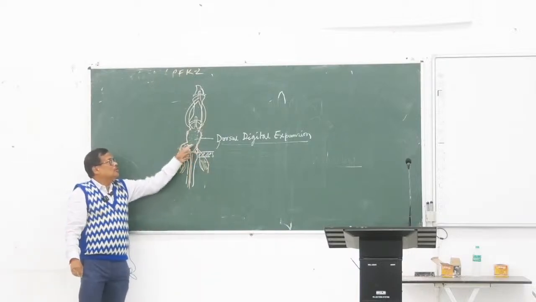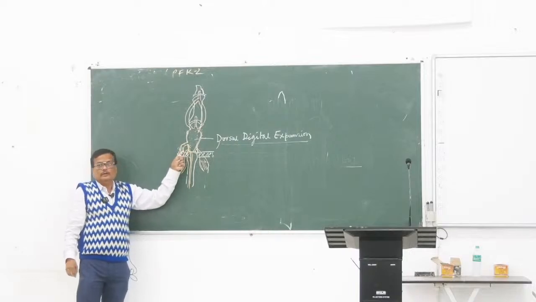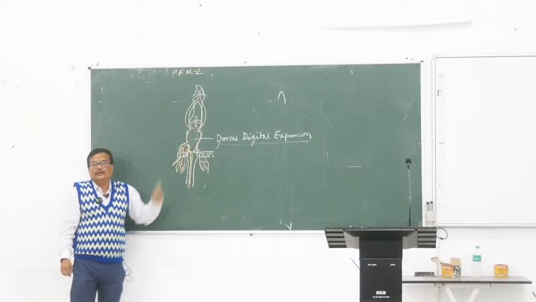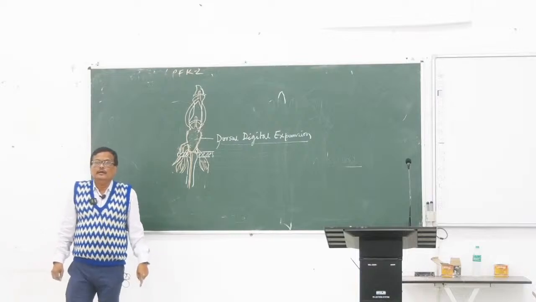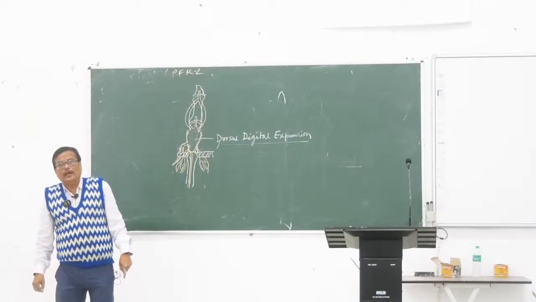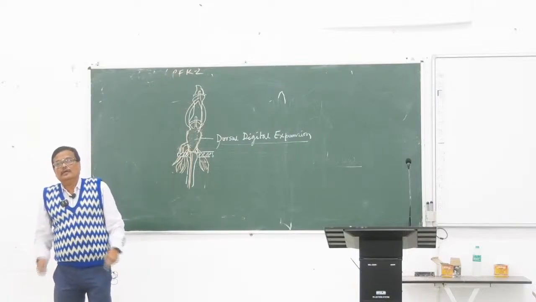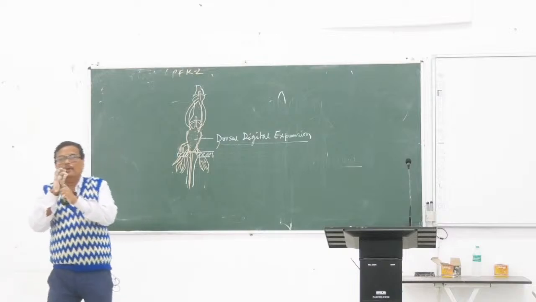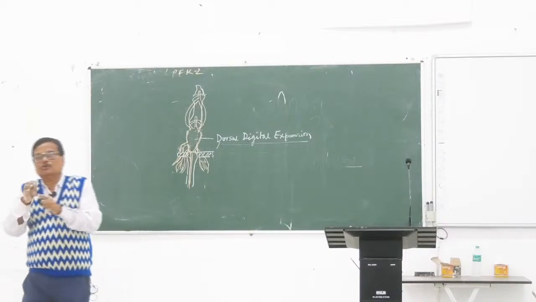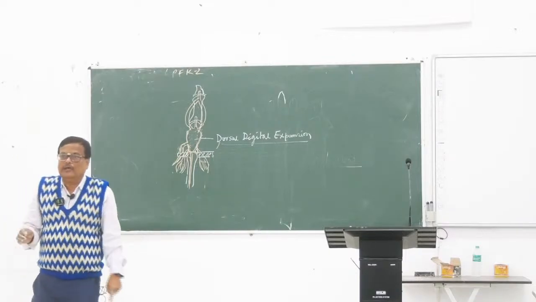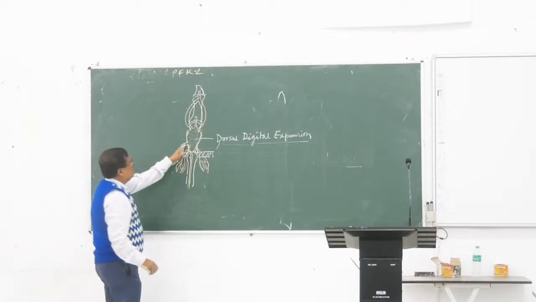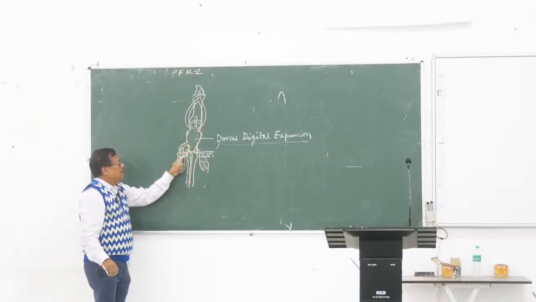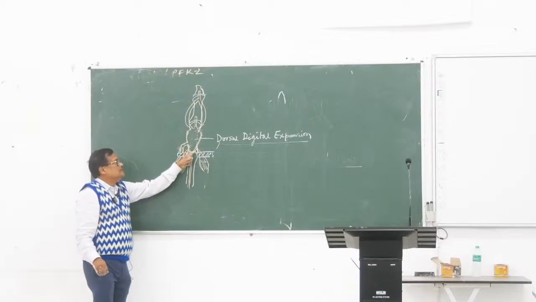The lateral part of the dorsal digital expansion receives the insertion of the palmar interossei, dorsal interossei and lumbricals. Here we saw the palmar interossei, here are the dorsal interossei and the lumbrical muscle. So the lumbrical muscle is inserted here, and the palmar and dorsal interossei are inserted here.